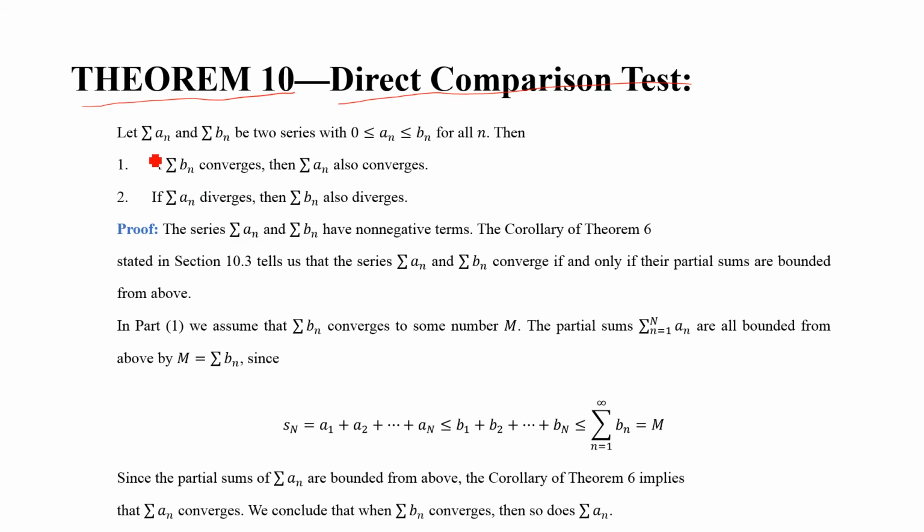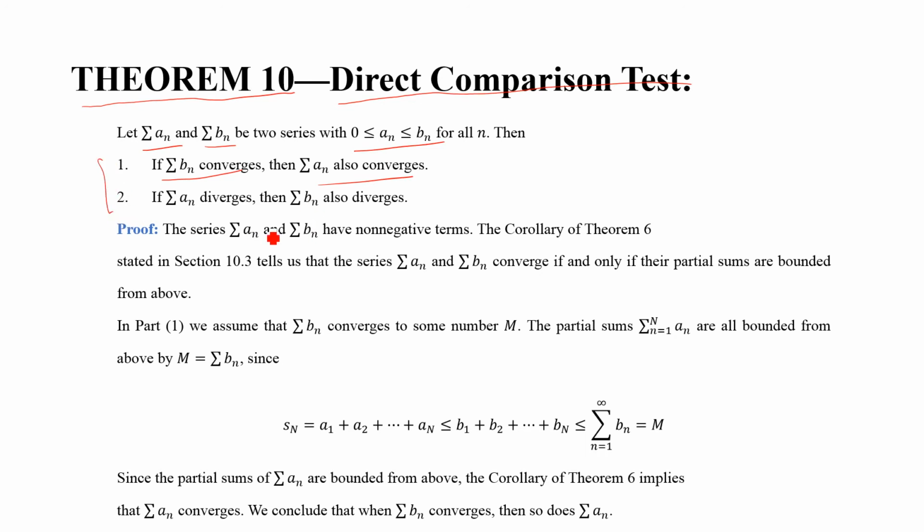If we have two series sigma an and sigma bn with the relation bn is greater or equal to an, and both are greater or equal to 0, that is, both are non-negative, then: one, if sigma bn converges, that is, the series with larger terms converges, then the series with smaller terms also converges. Two, if the series with smaller terms diverges, then the series with larger terms also diverges. So let's prove both of them.